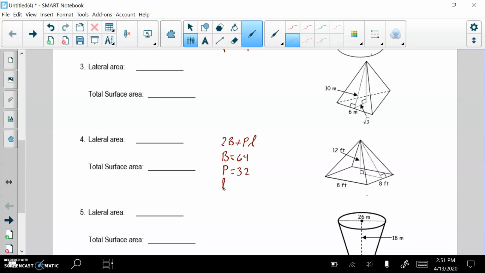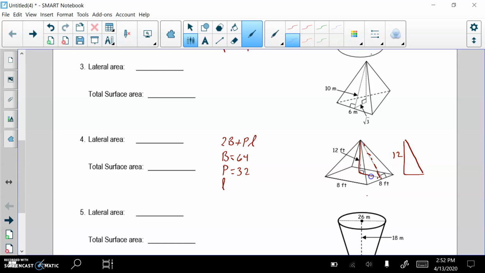Slant is what? Okay, I warned you on question 1 that you are going to have to do the Pythagorean theorem. So if you see this dotted line triangle, that is a right triangle. So I'm just going to draw that. What I need is the slant. I know that this number is 12, that's this.